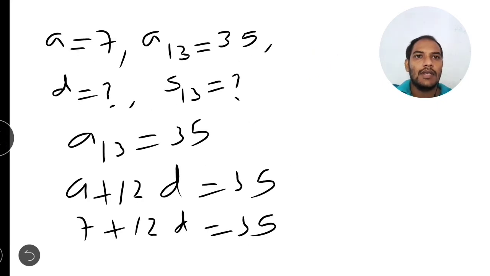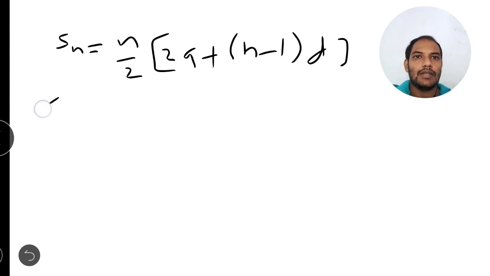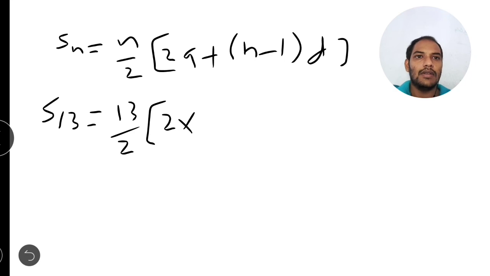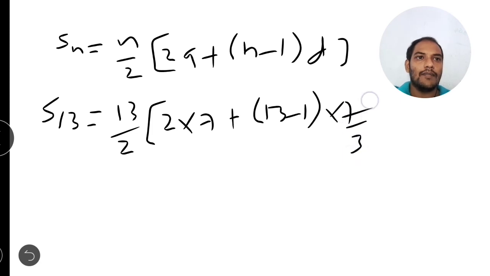What is he asking? S13. So S13 means the n value is 13. So 13 by 2 of 2a. What is the a value here? 7, and the d value? 7 by 3. So 2 times 7 plus 13 minus 1 into 7 by 3. 13 by 2 cancellation is not possible, so write as it is.